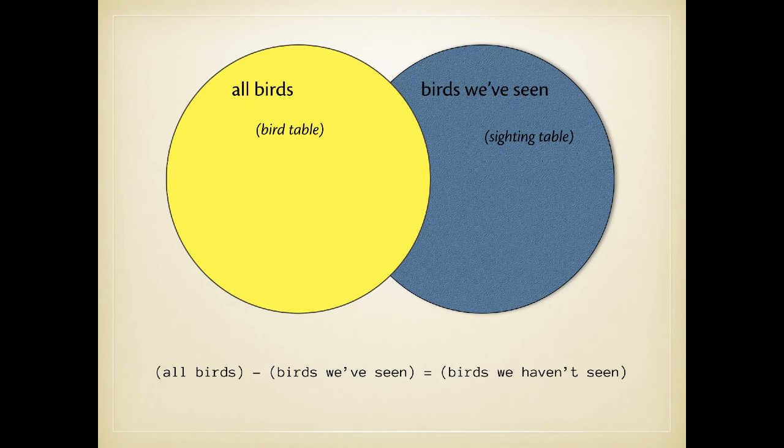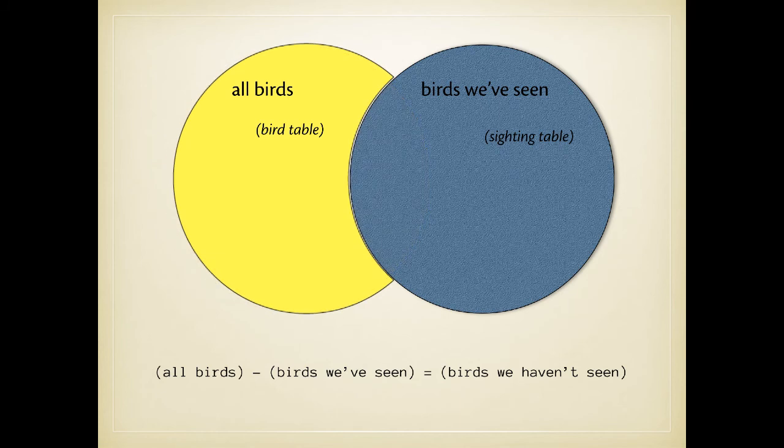So I'm going to, metaphorically speaking, take all the birds in the bird table, and then I'm going to subtract all the birds we've seen in the sighting table, and what I have left over will be birds that we haven't seen yet. So when I start to subtract, what happens is that the sighting table takes a bite out of the bird table. That is to say that some rows from the bird table will not be represented anymore because they will be absorbed or taken over by sighting.